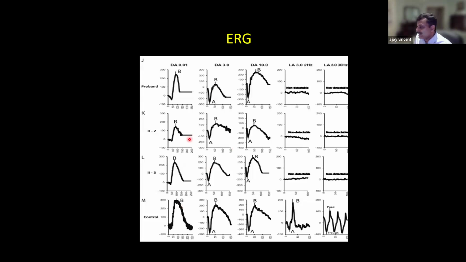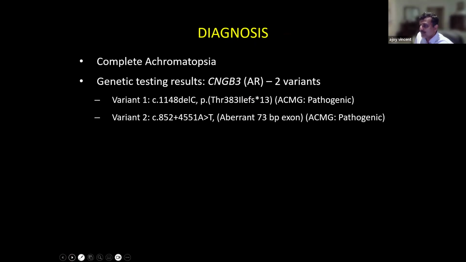So here are the ERGs from these families. So if you look at the ERGs, in brief, the rod ERGs, which is the first 3 portions, look fairly normal, whereas the cone ERGs are markedly attenuated. So from a clinical standpoint, early onset nystagmus, photophobia, and reduced vision with non-detectable cone ERG, abnormal color vision, the diagnosis is complete achromatopsia.